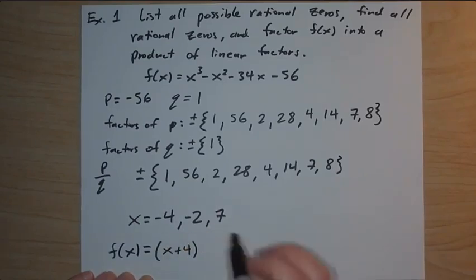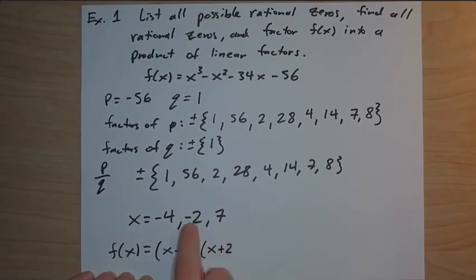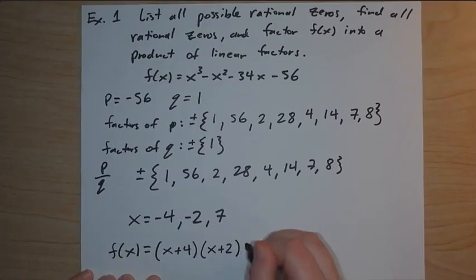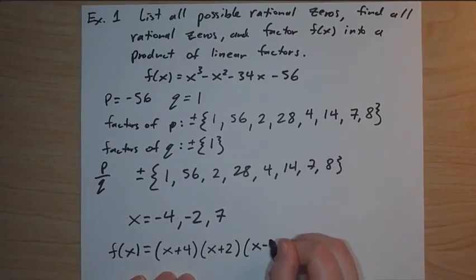And if we have the zero of x equals negative 2, then we have the factor of x plus 2. The reason we switched the signs is because we would set each of these equal to 0. We'd have x plus 4 is equal to 0, and that would give us x equals negative 4. We're just going backwards here. And for positive 7, we have x minus 7. Again, if we set this equal to 0, then we would get x is equal to positive 7.